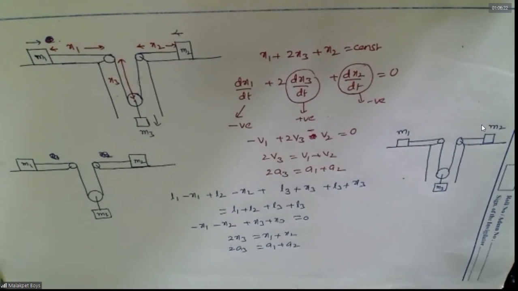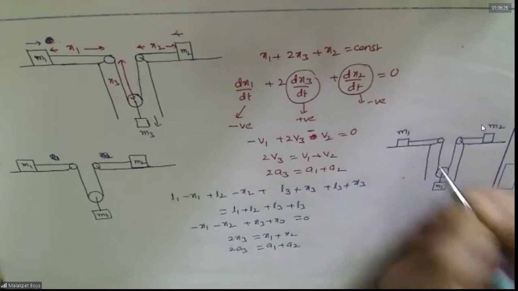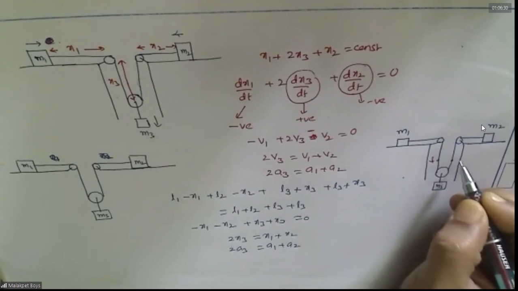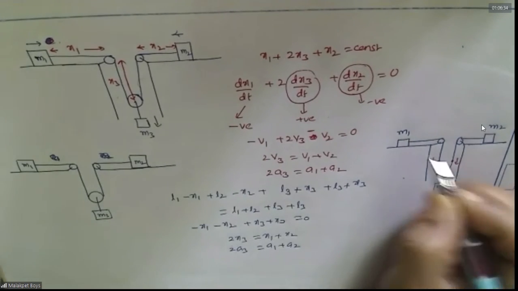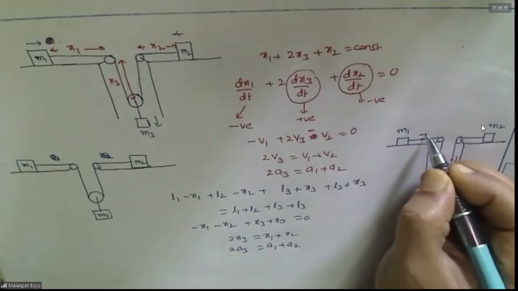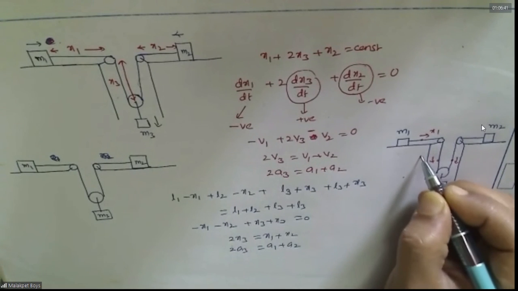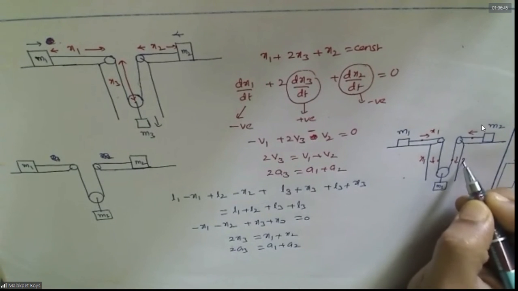Wait. Now this is there now. Suppose this comes by this. This is x1, which means the string, whether extensible or inextensible, goes like this. This moves like this, so this should also move like this.